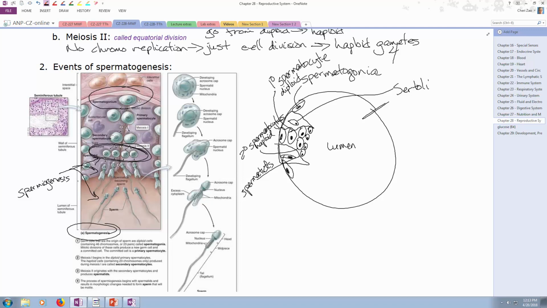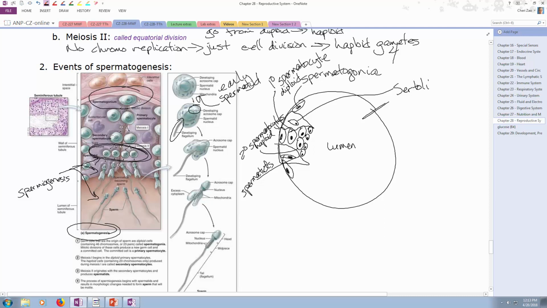It takes that spermatid, and we'll say early spermatid, this guy here, and causes a morphological or physical change. One side will have a developing flagellum, and at the other side, we're going to end up with this enzyme packet called an acrosome, or acrosomal cap.